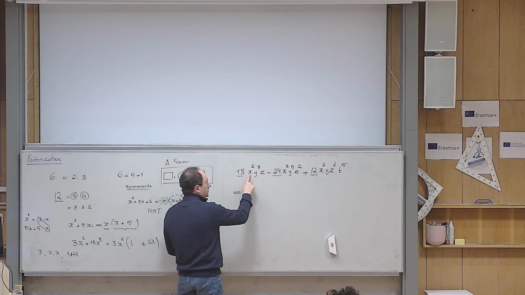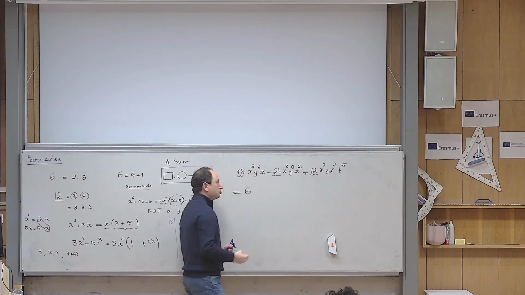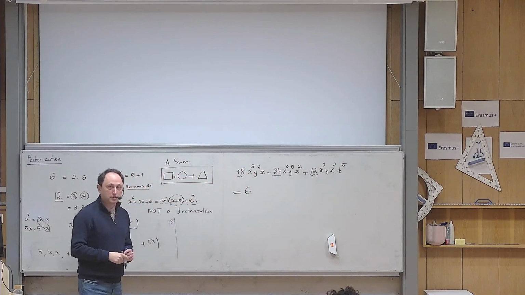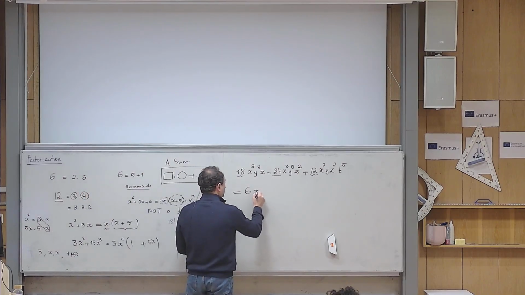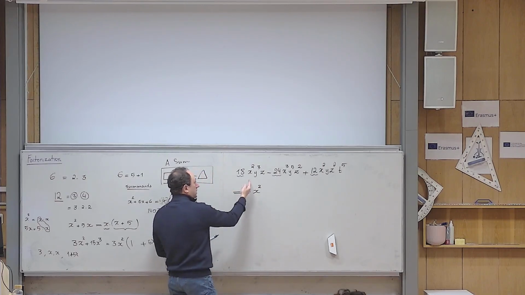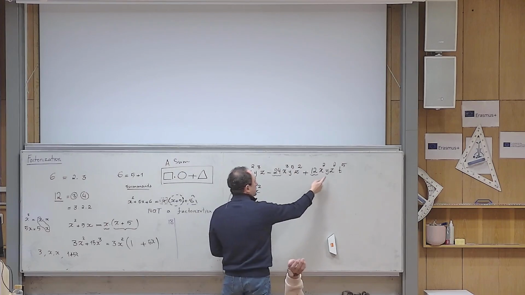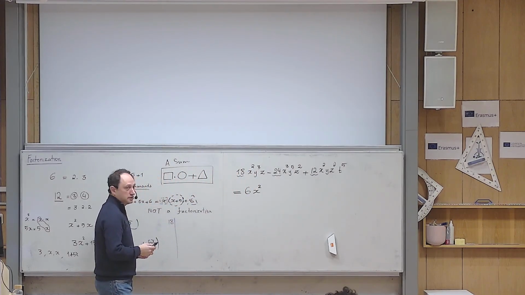And then here, how many factors of x do I see? 2. Here I have 3. Here I have 2. So the maximum number of x's I can pull out is what? 2. So I pull x squared out. And then between the y variables, here is 3, here is 5, here is 1. So the maximum number of y's I can pull out is 1.